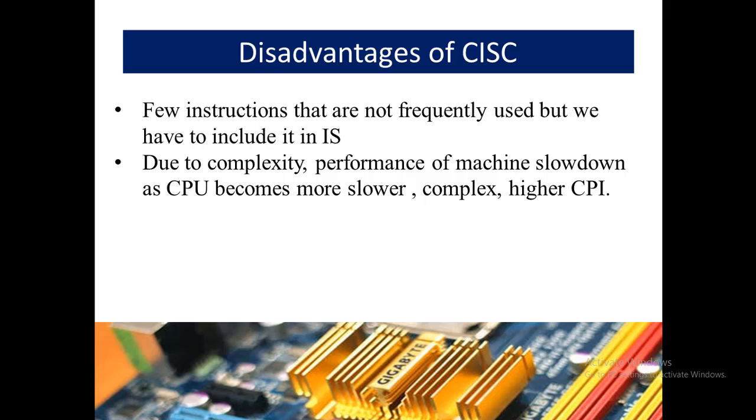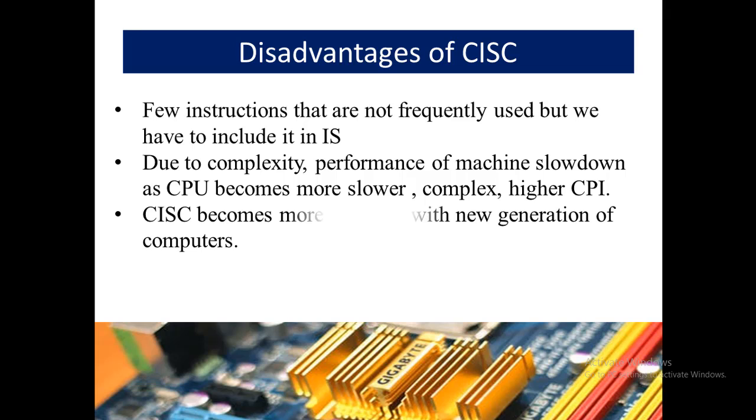Number two, due to complexity, the performance of the machine slows down just because the CPU becomes slower and more complex, and the CPU cost gets higher. CISC becomes more complex with new generations of computers. This is all about the CISC architecture. In the next lecture, we will see RISC, that is reduced instruction set architecture, in detail.